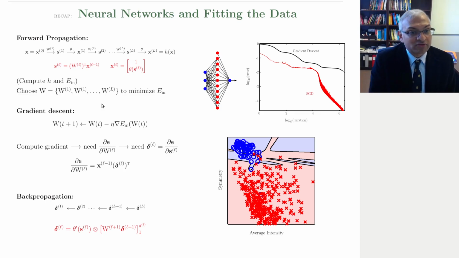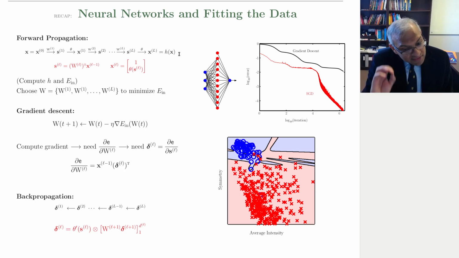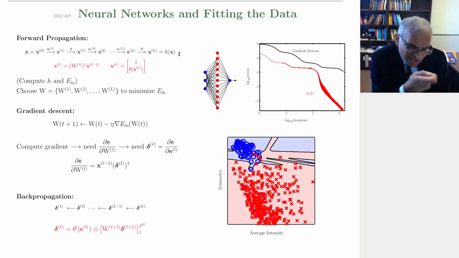How do we compute a derivative of a function that we haven't even mathematically specified? Because forward propagation, which allows us to compute h of x, is not a mathematical specification of h of x, it's an algorithmic specification. I give you an algorithm to compute h of x, which is forward propagation.